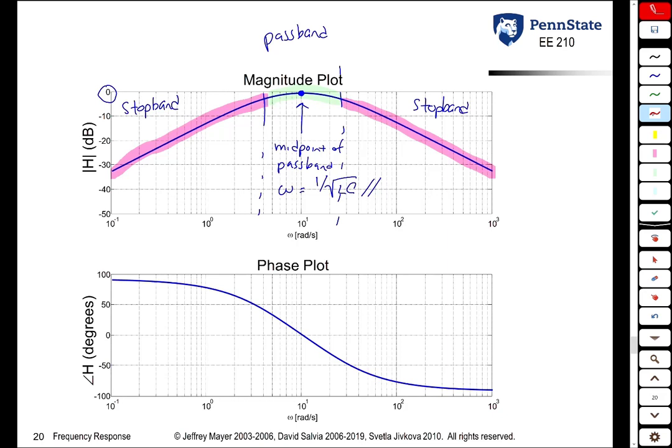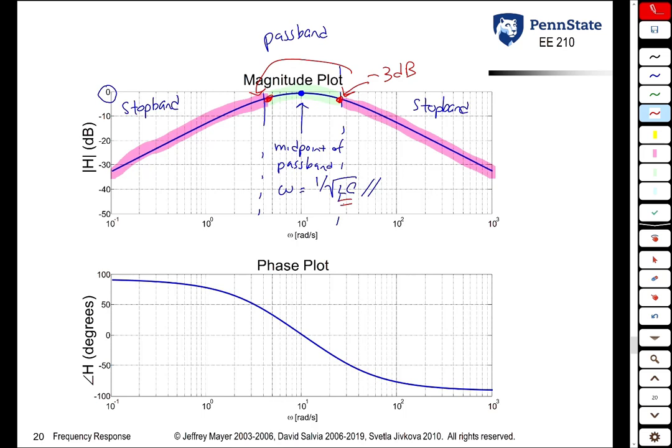Now, at what point do we say that we're in the passband rather than the stop band? That can vary depending upon the application, but typically you might choose the point where it's at minus 3 dB. The midpoint of the passband comes from the value of the inductor and the capacitor.